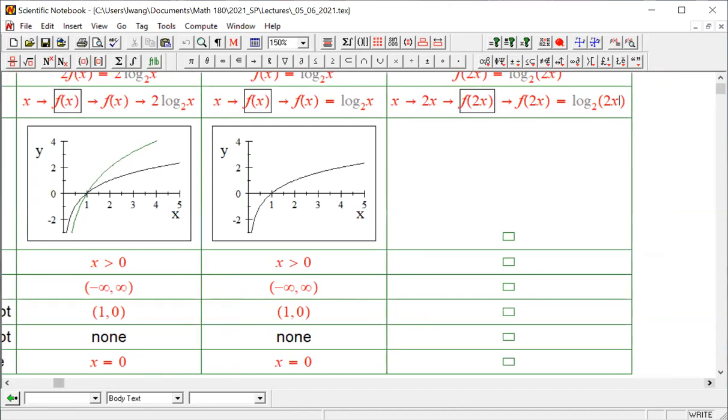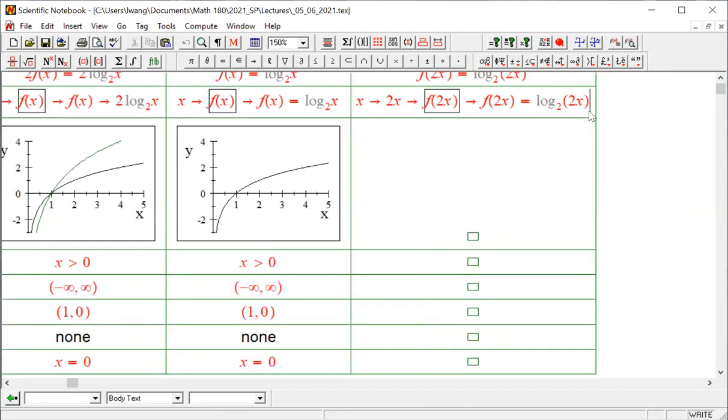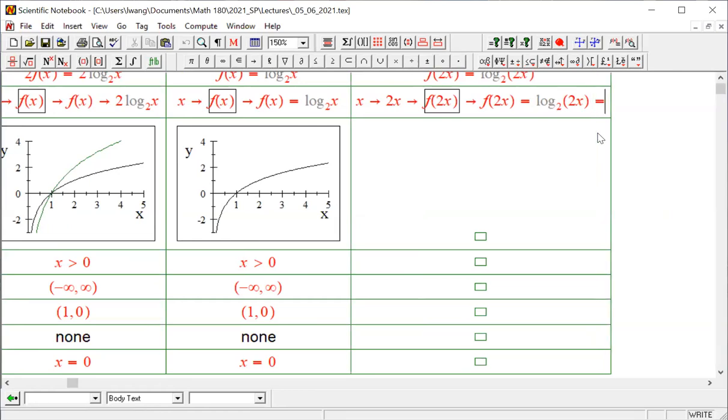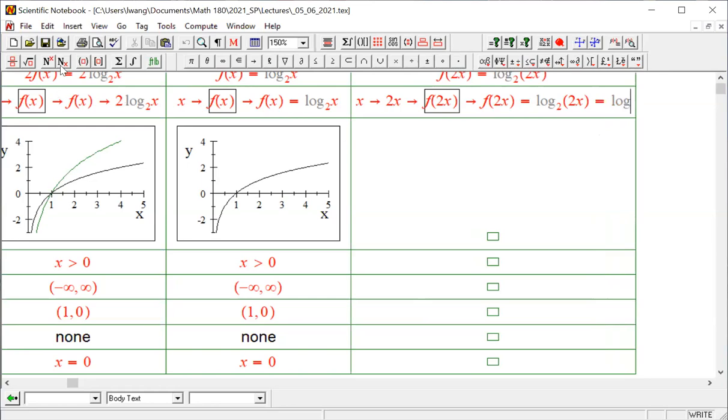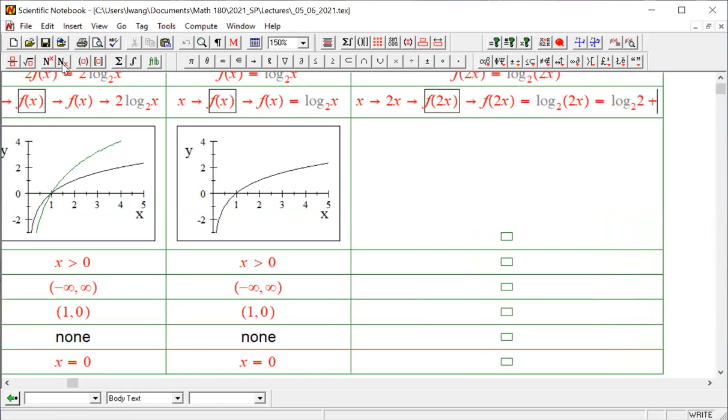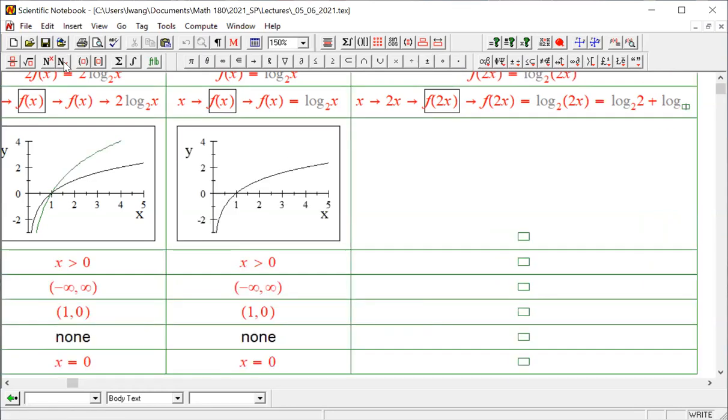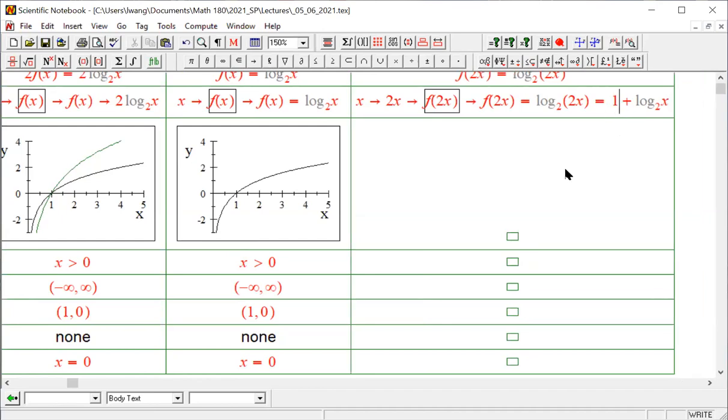And I do want to remind you that log base 2 of 2x, if we apply the product rule, is actually equal to log base 2 of 2 plus log base 2 of x. And log base 2 of 2 equals 1.